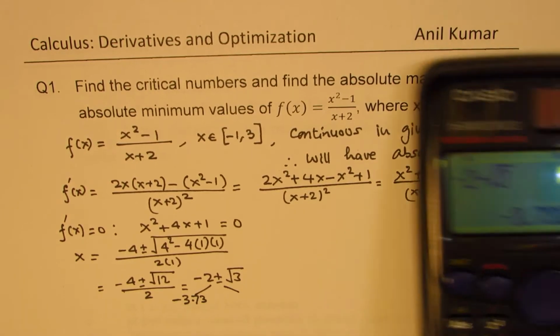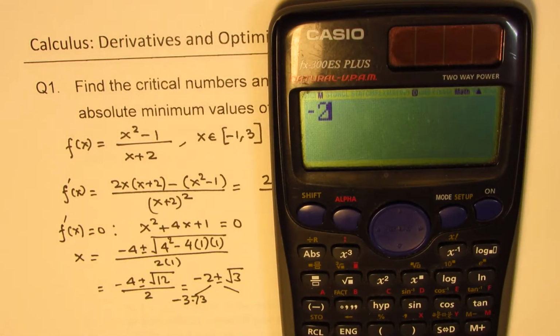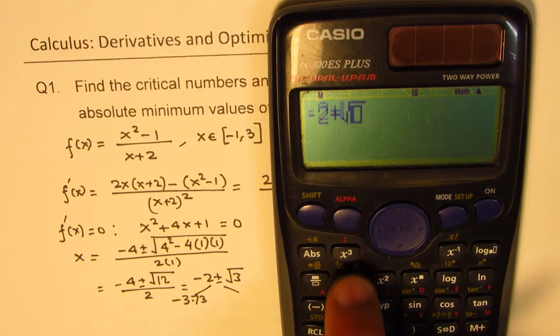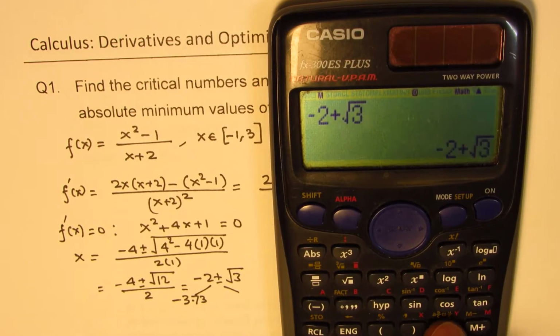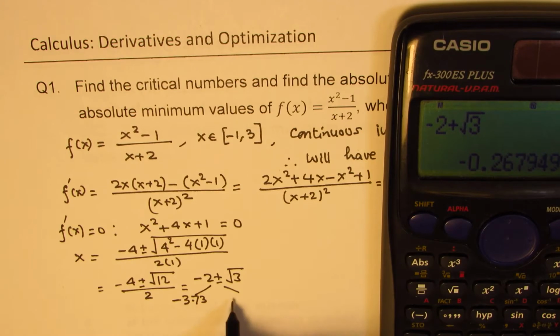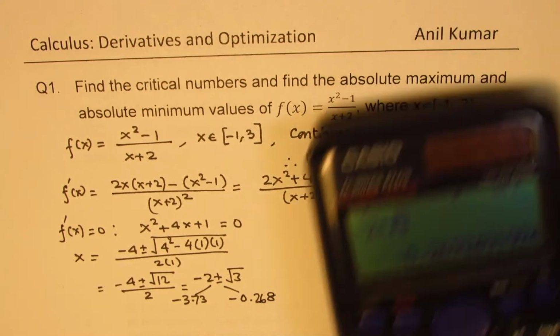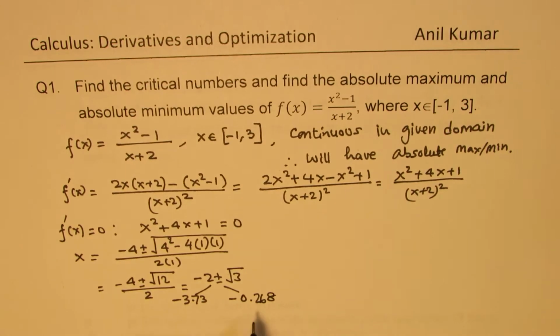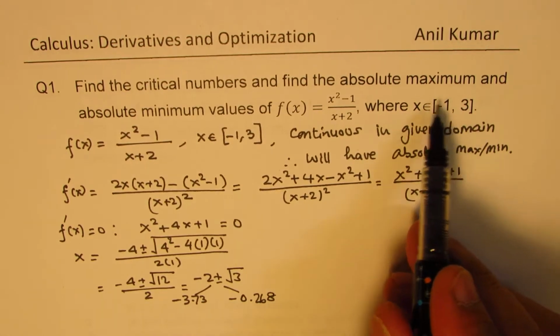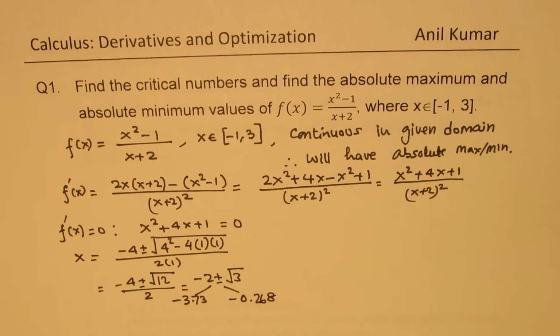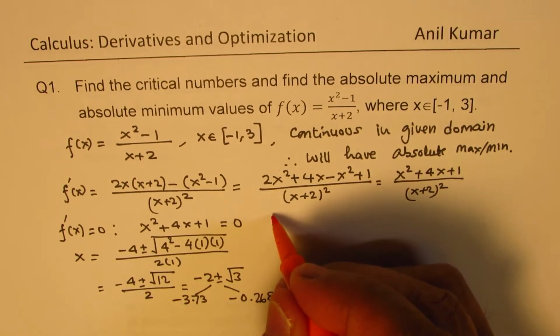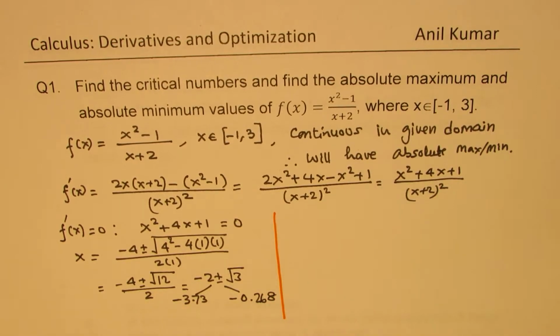The other one is minus 2 plus square root 3, which in decimals is minus 0.268. So these are the critical numbers. However, our domain is right there. So from this, we can say that the critical number is only 1, right? So we'll write down the critical number first.